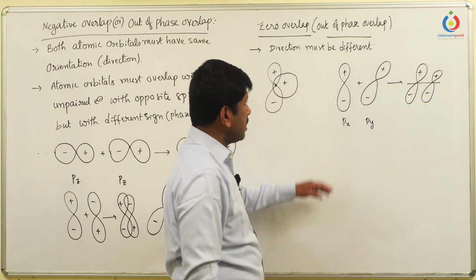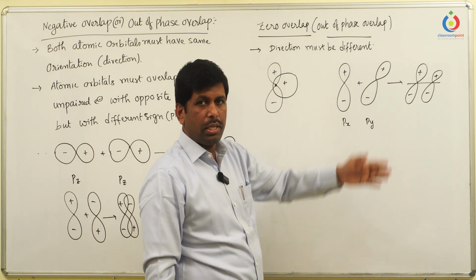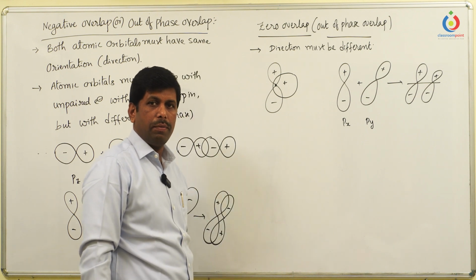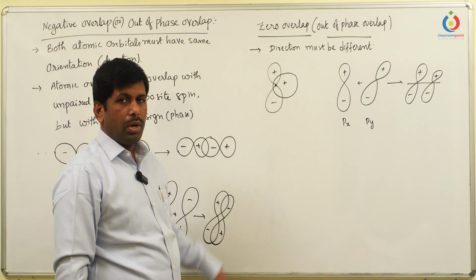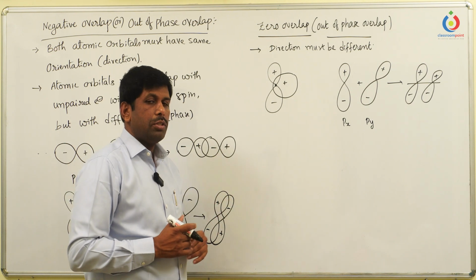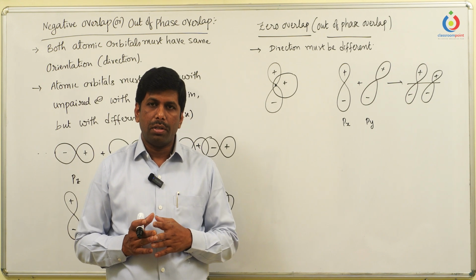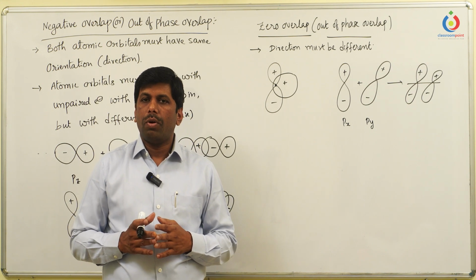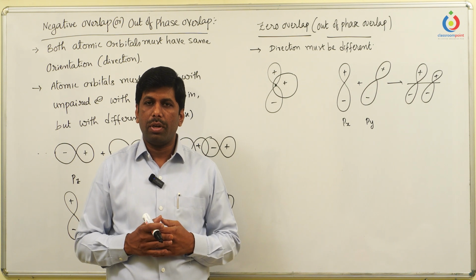Even though the phases are the same, overlapping does not take place because the orientation of the electrons is in different directions. So these are the types of overlapping of atomic orbitals: positive overlap, negative overlap, and zero overlap. Now let us see what happens if the orbitals overlap along the internuclear axis and perpendicular to the internuclear axis.